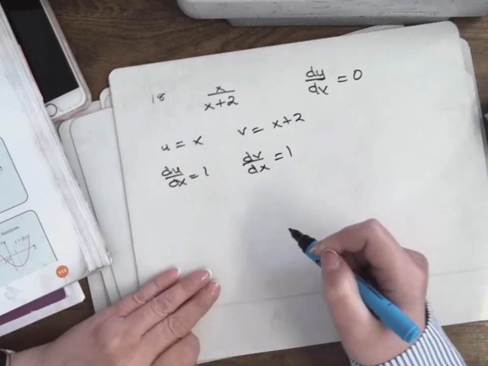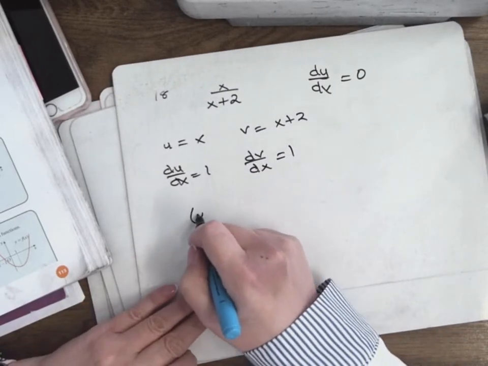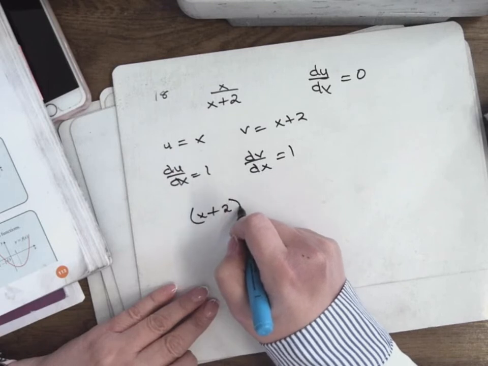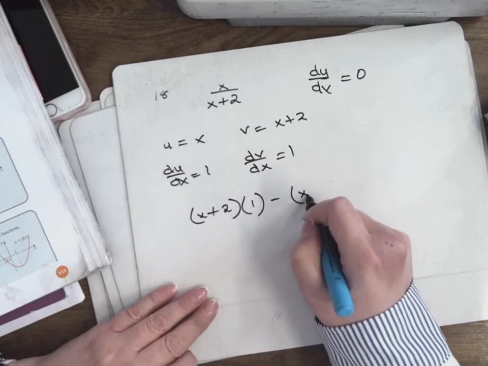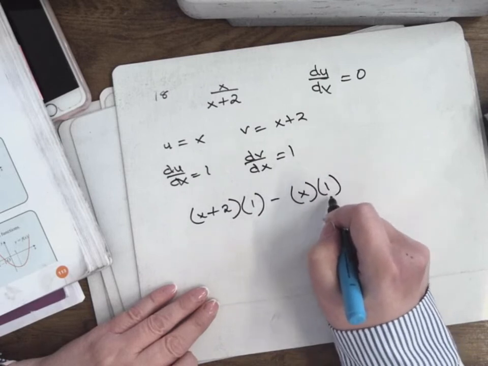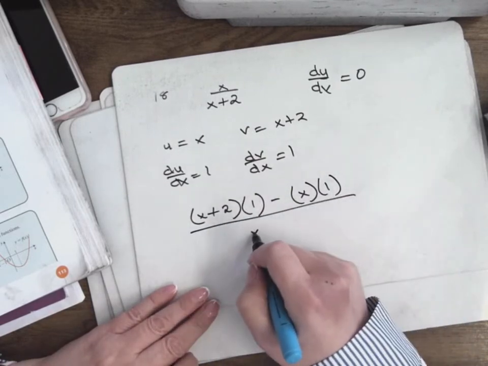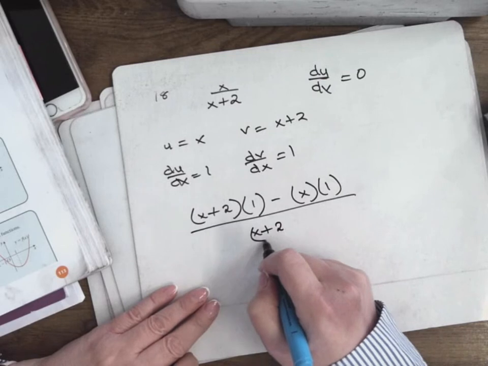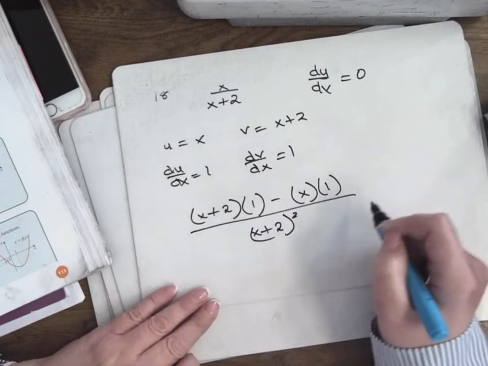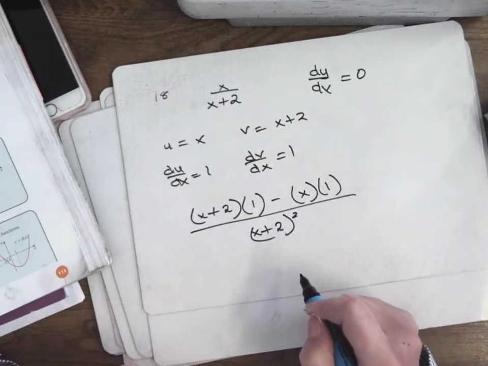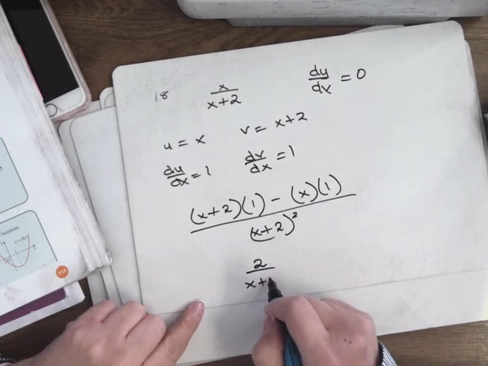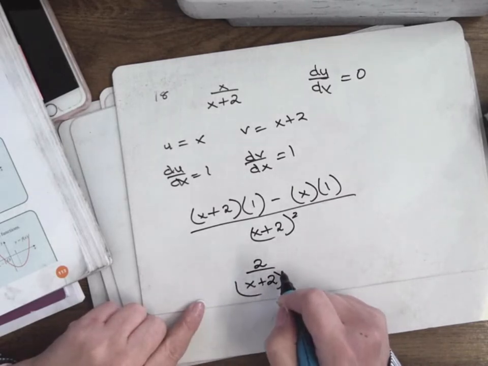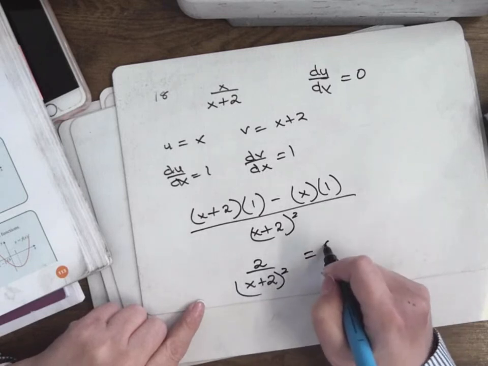So it's v times du dx minus u times dv dx, all over v squared. Sort that out on top: x plus 2 minus x will be 2, all over x plus 2 squared. And you want to let that equal 0.